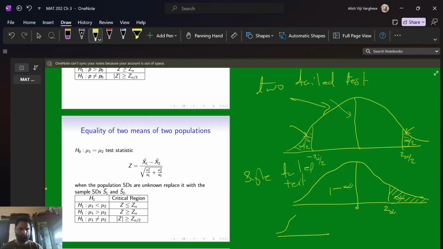And if we consider our alternative hypothesis like H1 mu1 less than mu2, then the critical region falls in the negative side of the distribution here. This is minus Z alpha by 2, and this is our critical region.